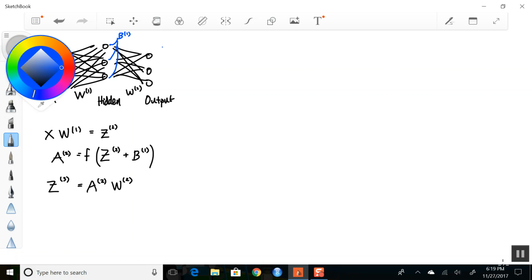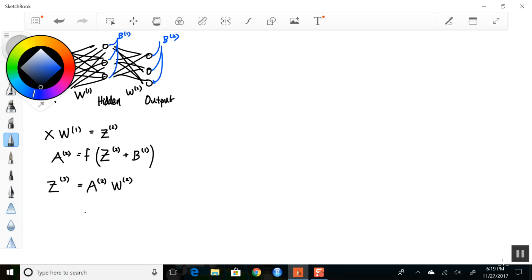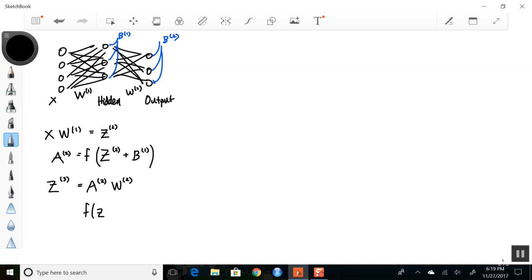We'll add a bias, our second bias matrix, and then we apply a function to it, and this will be our outputs for y hat.